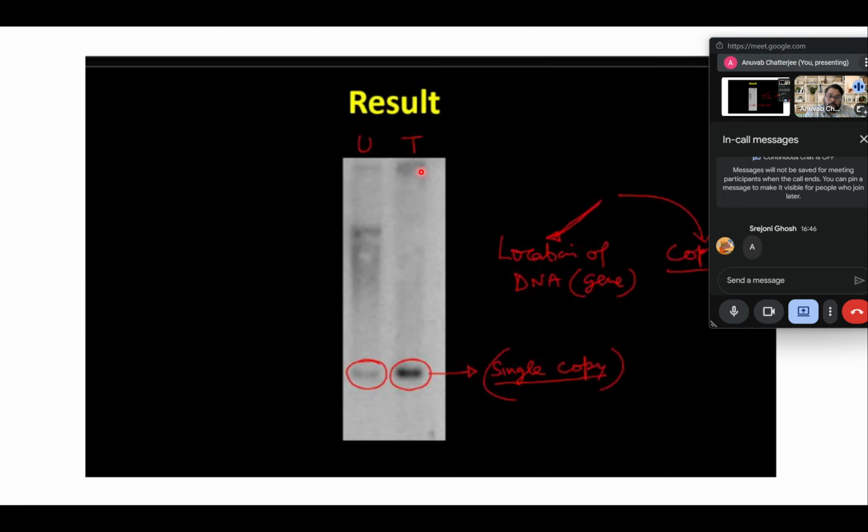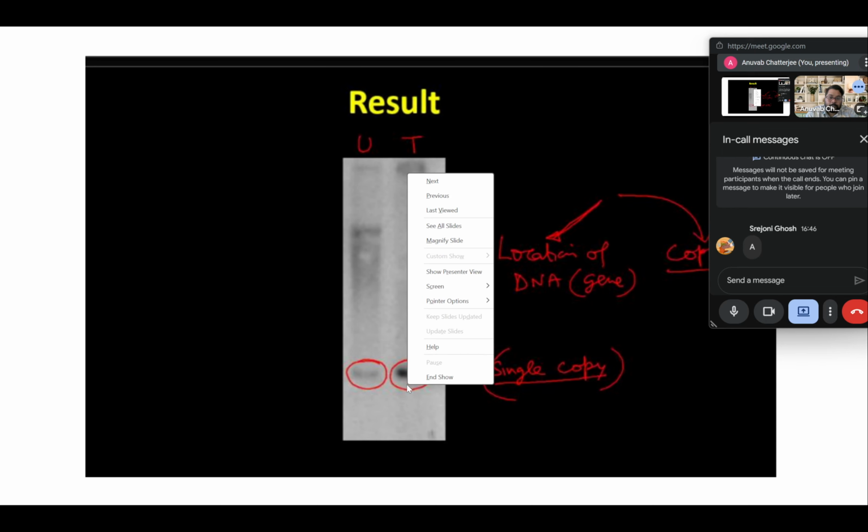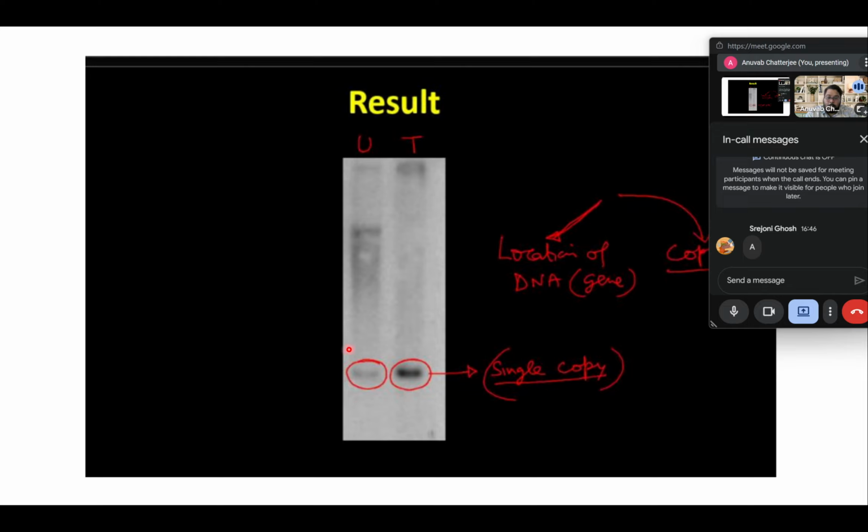This is after you have transferred onto the nitrocellulose membrane and probed using your radio labeled probes. Wherever your radio labeled probe binds, after development by autoradiography, you will see a dark spot. So you see only your DNA of interest has been labeled. Probably in the untreated control, the amount is very low compared to your treated sample, so you can compare.